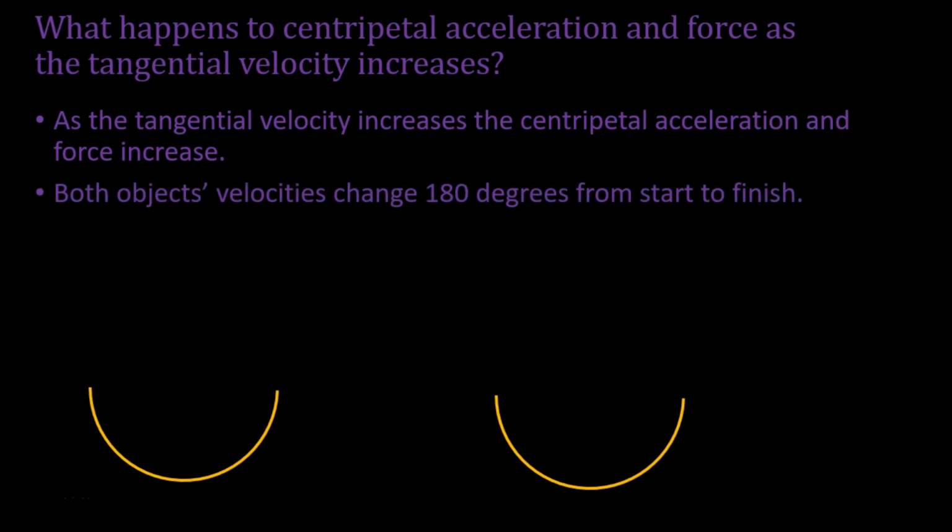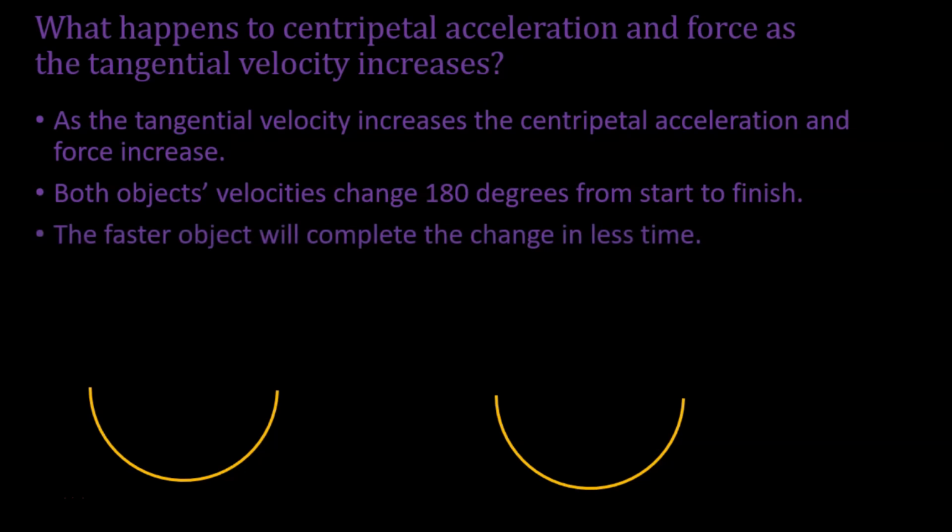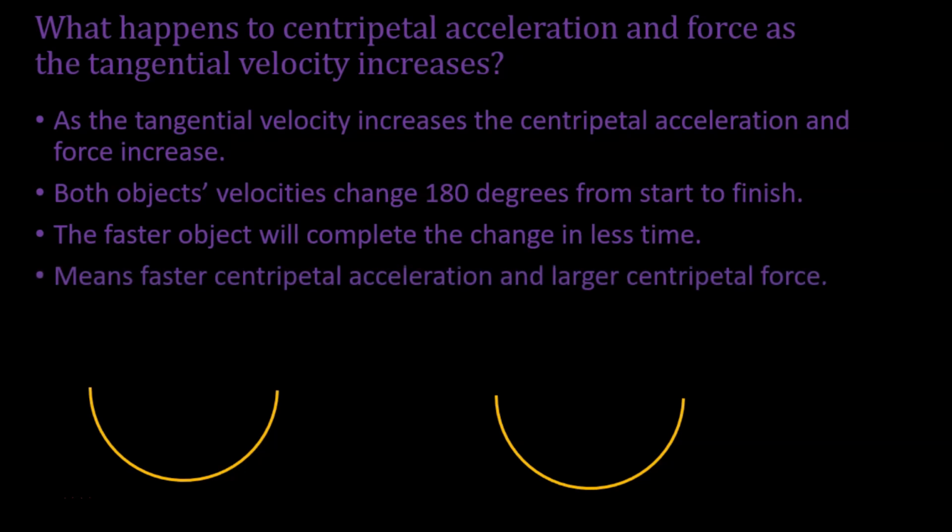And the reason for this is, once again, both objects' velocities will change 180 degrees from start to finish, but the object that's moving faster will complete this change in velocity in less time. And that means a faster acceleration because the velocity changed faster, and that tells us, because of Newton's second law, a faster acceleration requires a larger centripetal force.